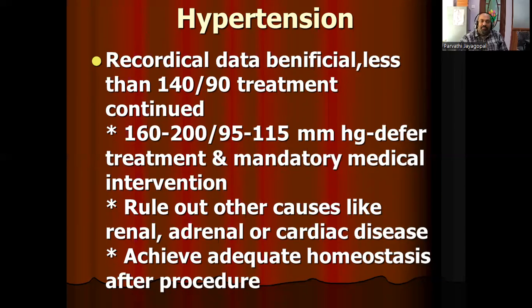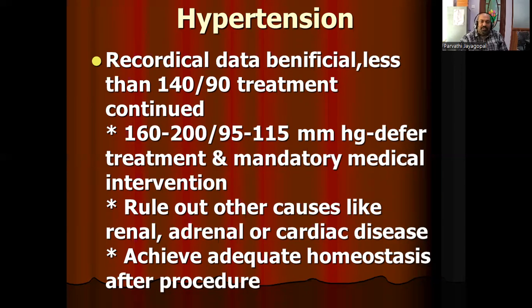Now, if you look at hypertension, the basic recorded data is systolic 120 and diastolic 80. But if the recorded data is less than 149, the treatment is continued.